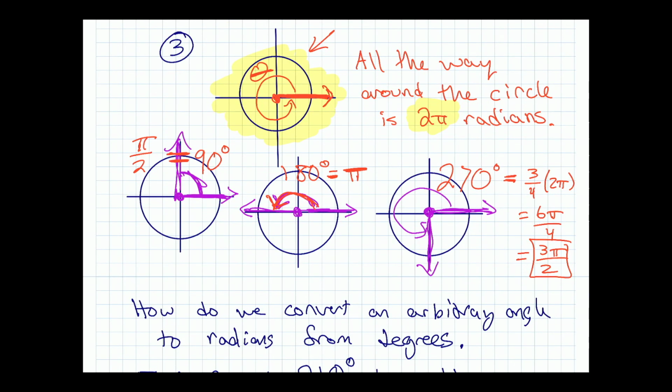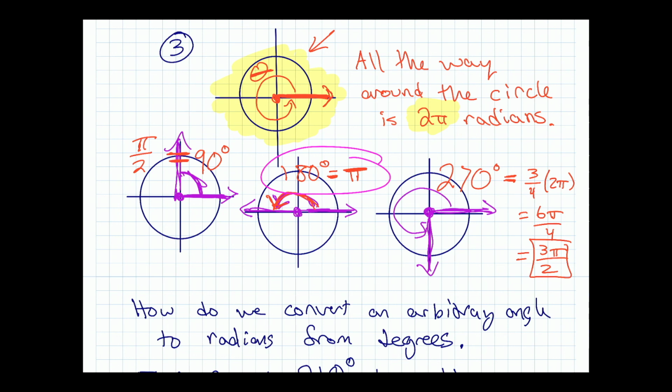You could use pi over 2 is 90 degrees, but you probably don't want to. You could do 270 degrees is 3 pi over 2, but you probably don't want to. The one that we normally use is this one: 180 degrees equals pi radians.